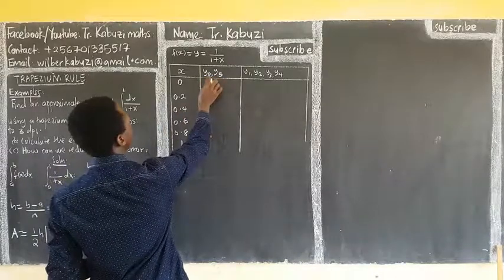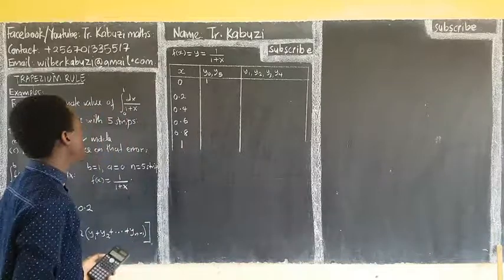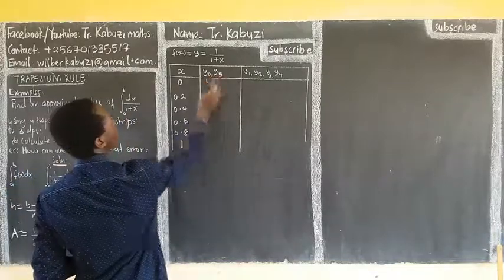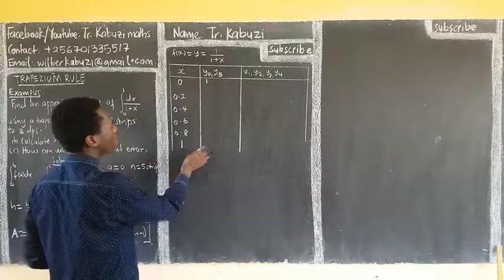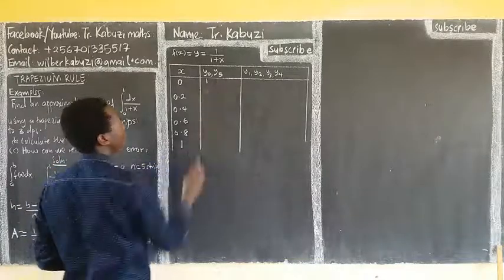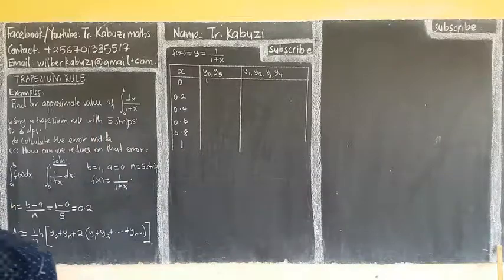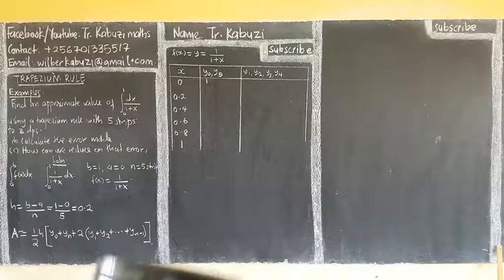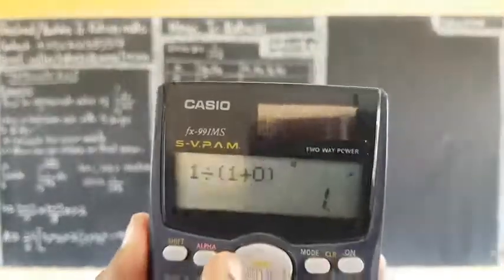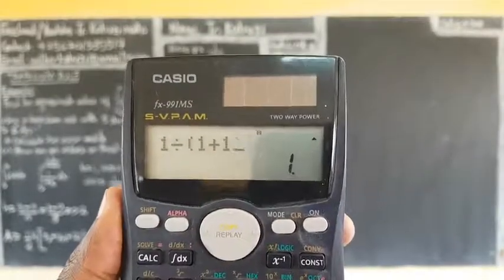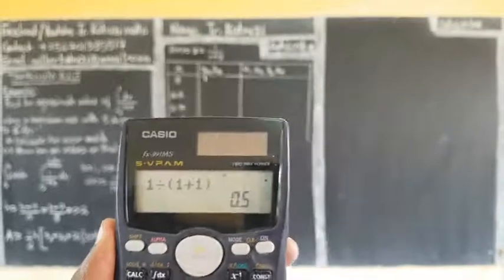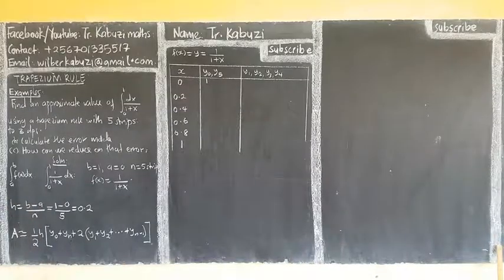Then here we have y0 and y5, so now we put in also the y5, the last one. The yn corresponds to the last value of x. So you put there 1, then you press equals. So it's 0.5. But we said you give to 4 decimal places as we saw there.